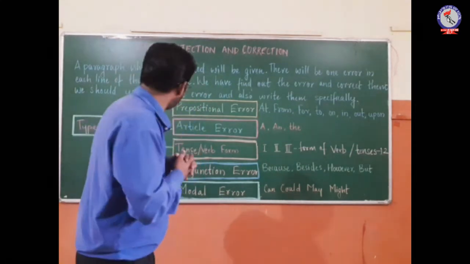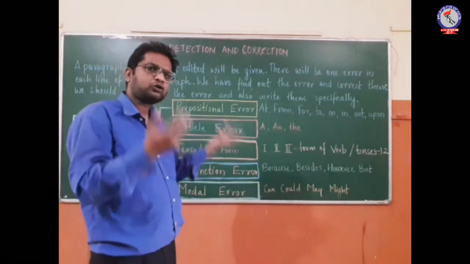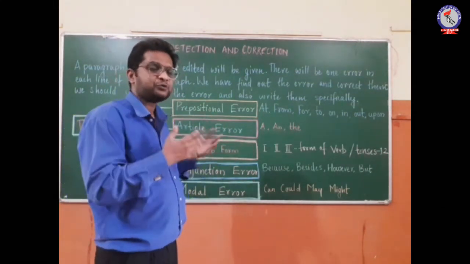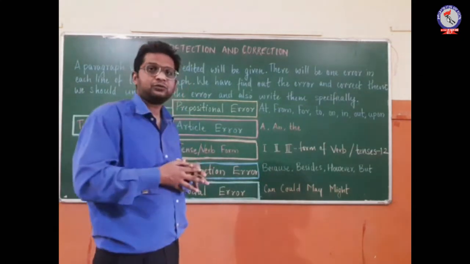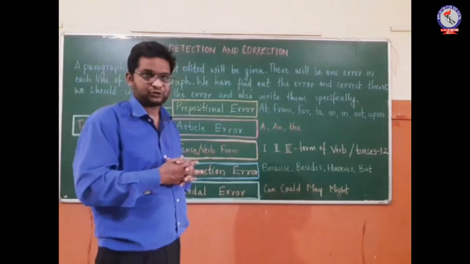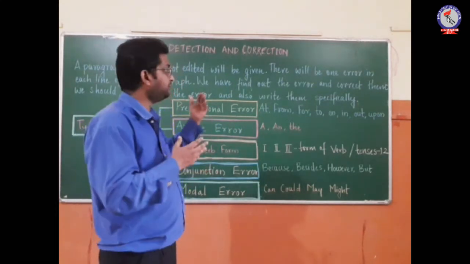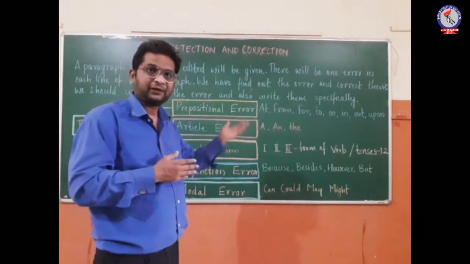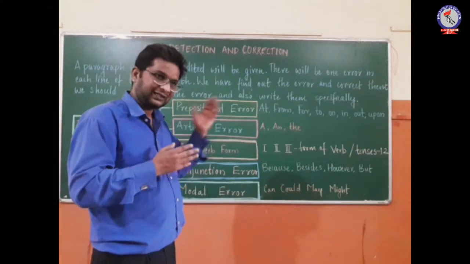Now let us see the types of error. What could be the types of error that can be detected in the paragraph, in each sentence or line? Let us see them.